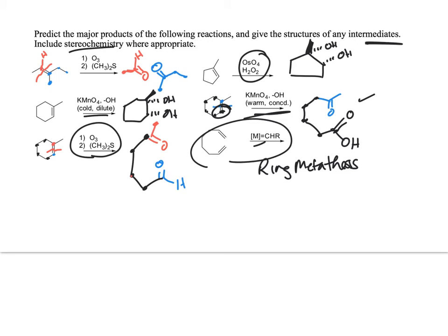The metal is usually molybdenum or ruthenium. So when you see this reaction, basically this is called a ring closure metathesis, RCM. I'm not going to do any other type of ring metathesis reactions for you, but this cleaves and this cleaves.